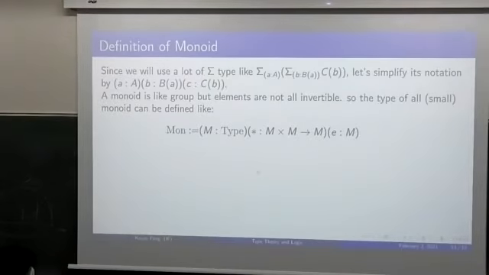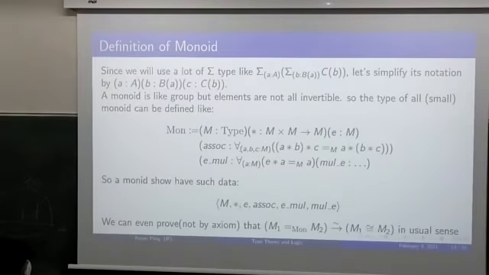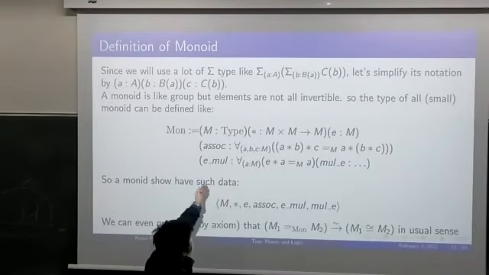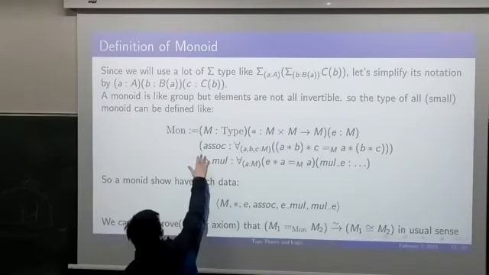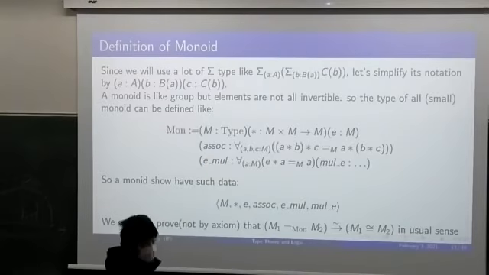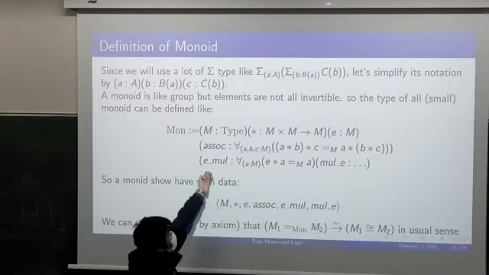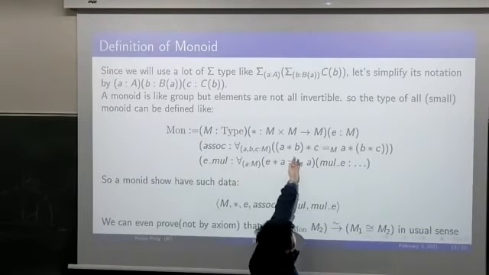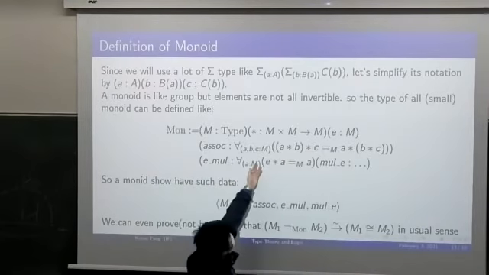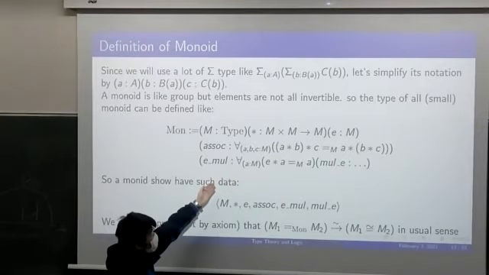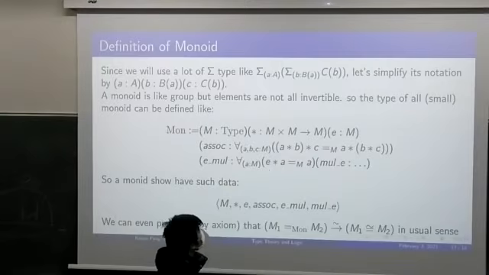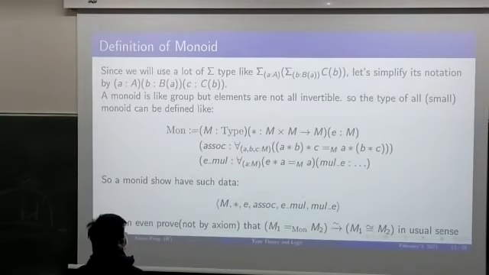But since we are in type theory, we can really write those properties as elements, as terms. Like we said, associativity becomes a real term of this proposition. And the property of the unit element will also become this term.